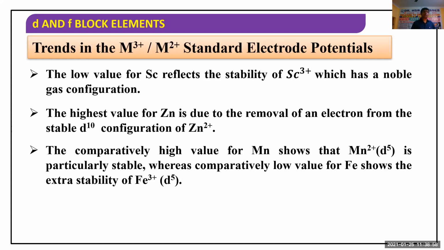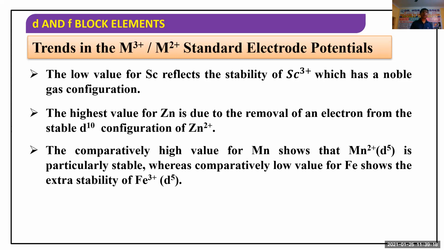So zinc 3+ is not stable and is unable to form, because the highest value of zinc is due to the removal of one electron from the stable d10 electronic configuration.